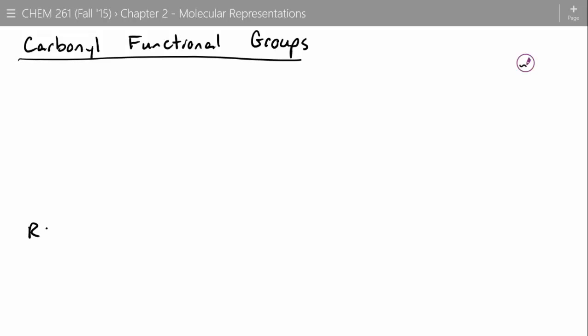So our classic carbonyl functional group, I'll draw it out like this. And I'm going to put Y in parentheses. Y is just going to be some variable coming off of it. So let's label this as our carbonyl. And this is just a generic.